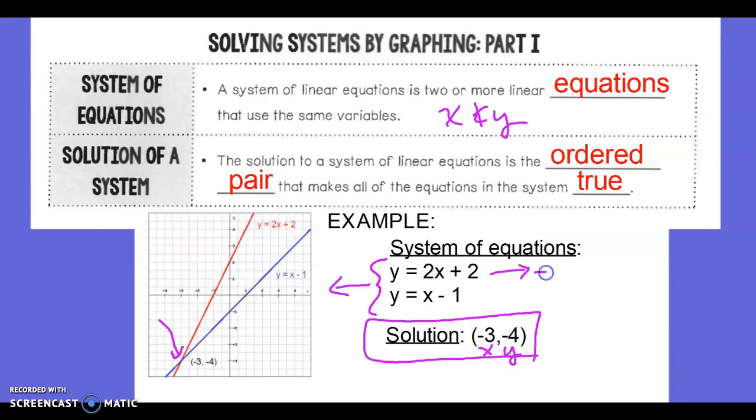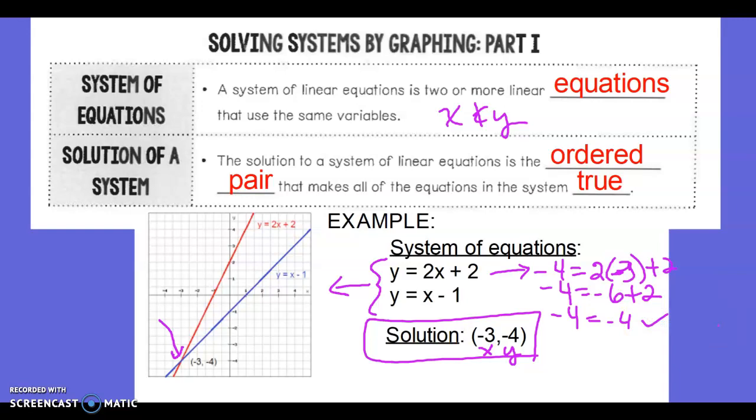Let's try it. I would have -4 equals 2 times -3 plus 2. So that gives me -4 equals -6 plus 2, and -6 plus 2 is -4. So that is true, so it works.